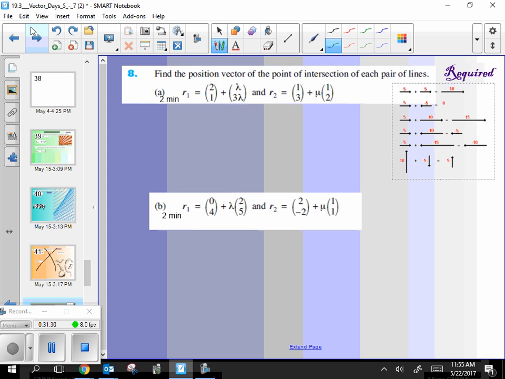But I'll even tell you, neither one of them intersects at the same point at the same time. So the question isn't whether they intersect at the same time, it's, will they both go through the same point? The answer is yes, and you've got to figure out what point they intersect at. Here and here. And 2 minutes is a joke. There's no way you could do this in 2 minutes. Maybe, if you're the genius in the room.